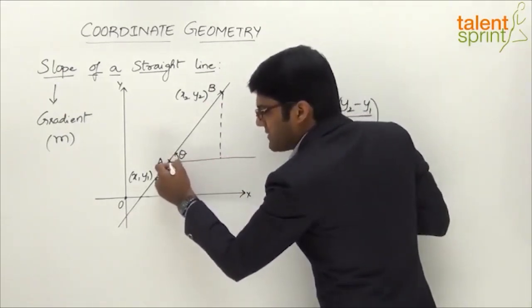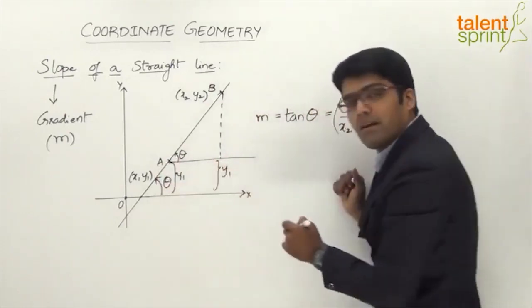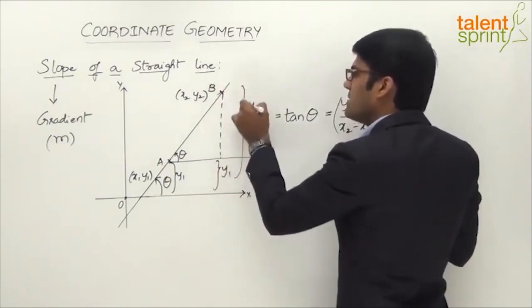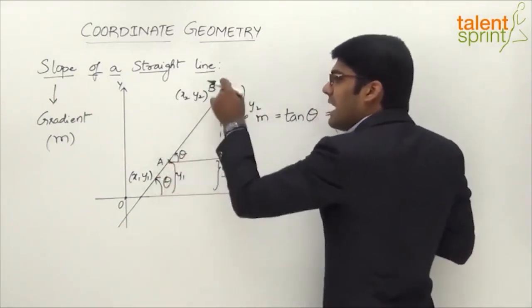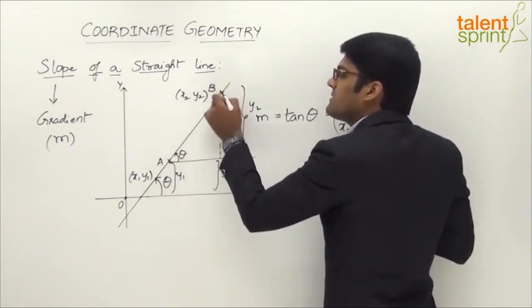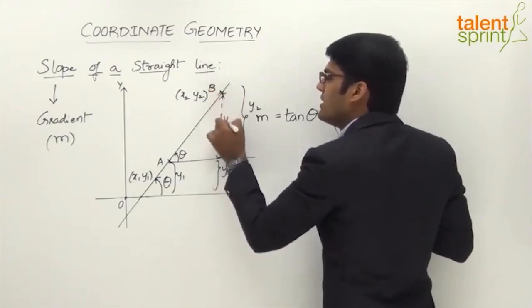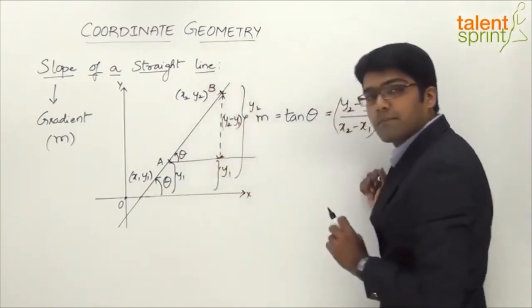If this is y1, this also would be equal to y1, and the complete distance is equal to y2. So what is the distance between this straight line and the point B? It will be equal to y2 minus y1. This dotted line can be measured as y2 minus y1, that is the total distance minus y1.